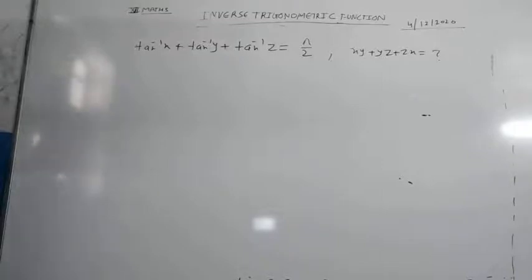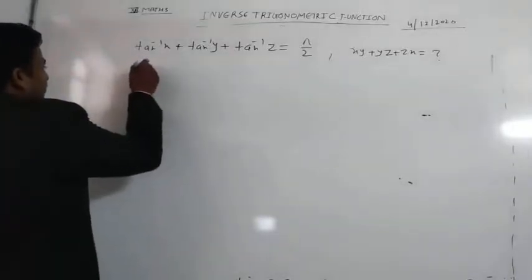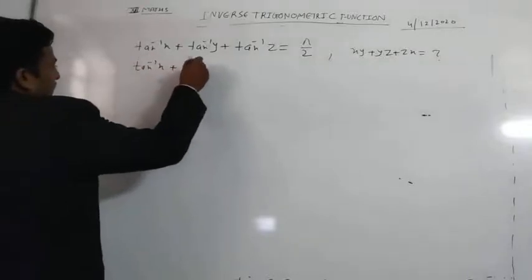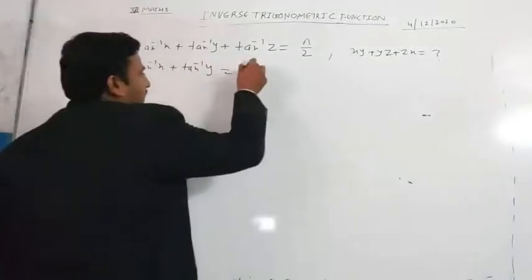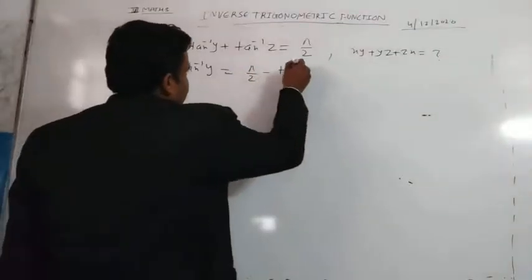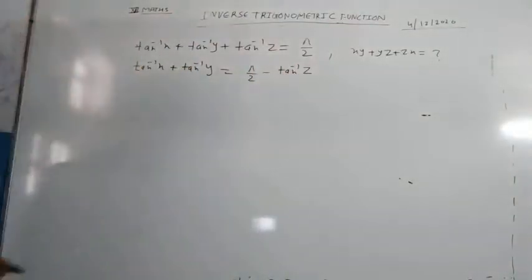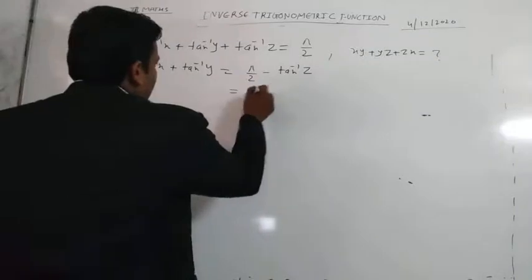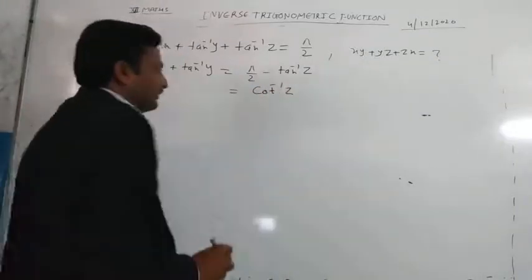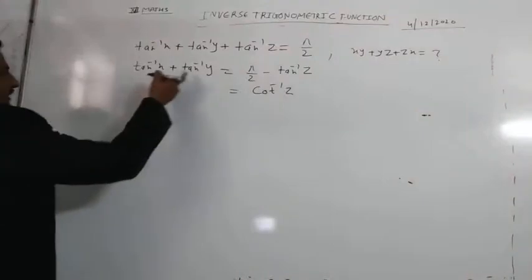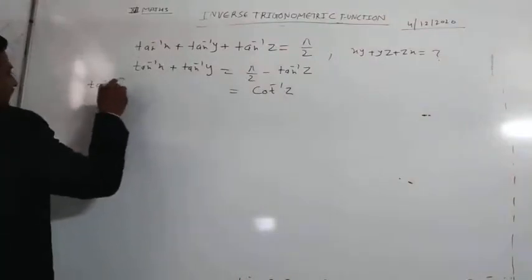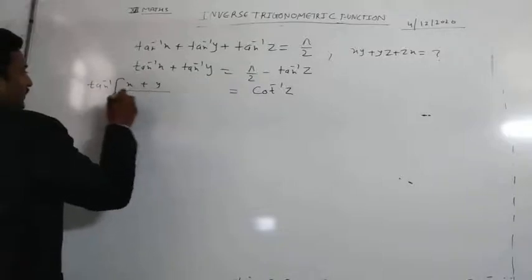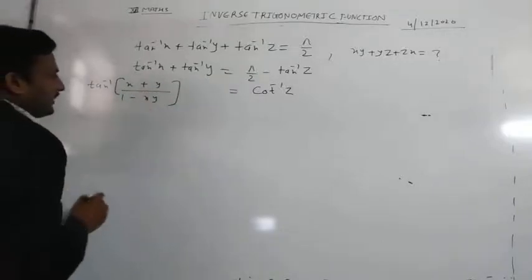So then we will write what? First, tan inverse x plus tan inverse y is equal to, we will send this to the left hand side, pi by 2 minus tan inverse z. Now this pi by 2 minus tan inverse z changes into cot inverse z, and here for tan inverse x plus tan inverse y, we will write the formula (x plus y) by (1 minus xy).